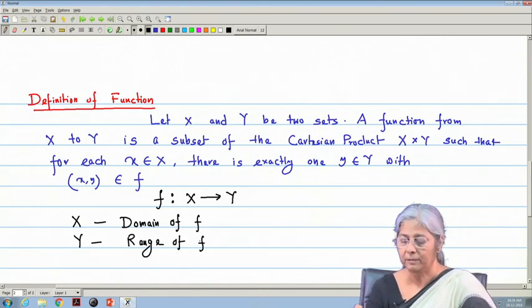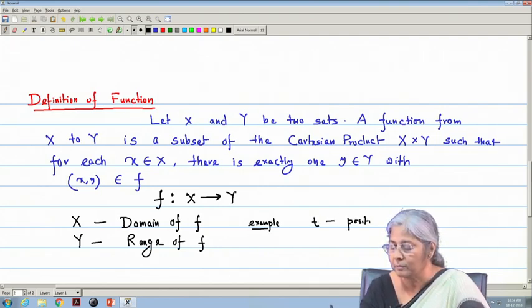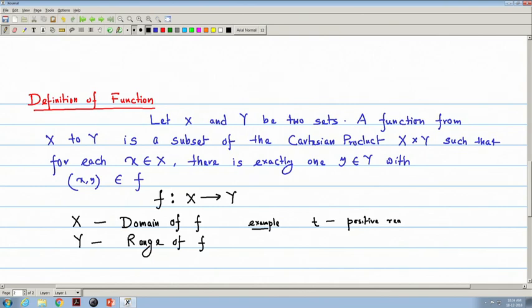Like the previous example that we have taken, t as the positive real numbers. When we have considered set x having all values of t, then the domain is positive real numbers. Similarly, my d is also positive real numbers. So, here domain and range are all positive real numbers.